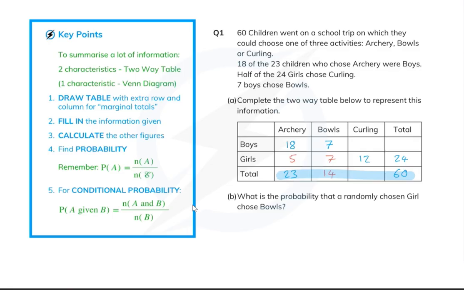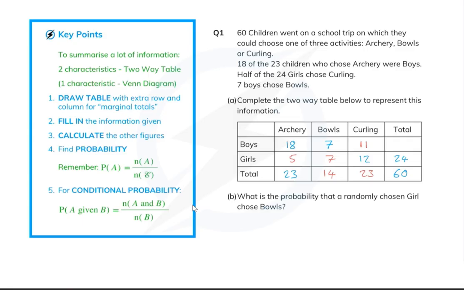Well, 23 plus 14 is 37, and so I need another 23 in there. Now I need to find the number of boys who did curling. I know that 23 people did curling in total, 12 of them were girls, and so 11 must have been boys, because 11 plus 12 is 23.